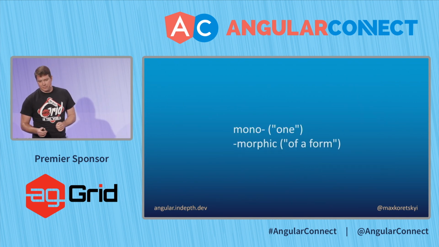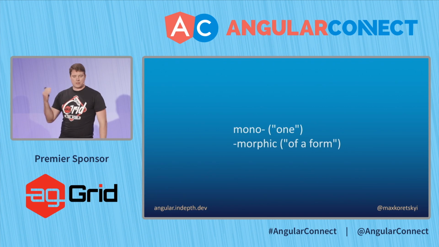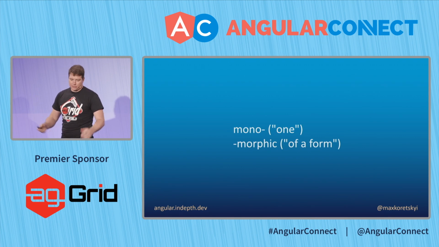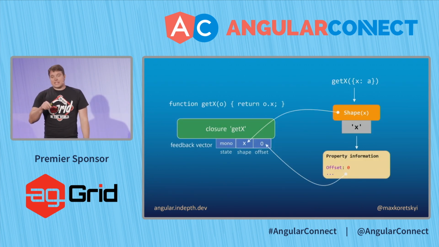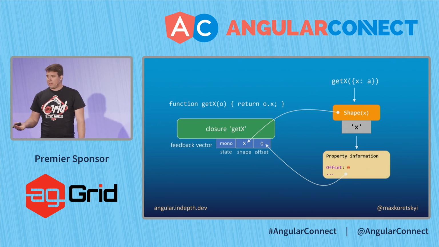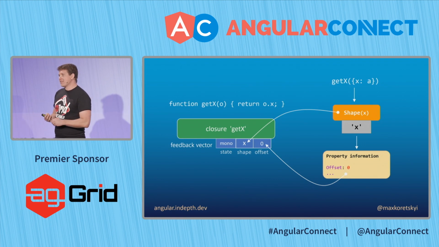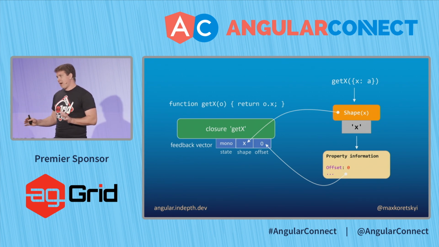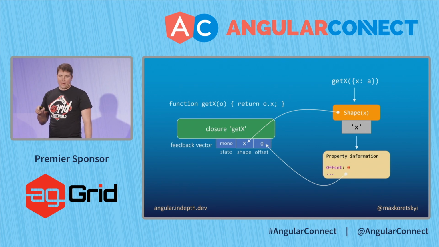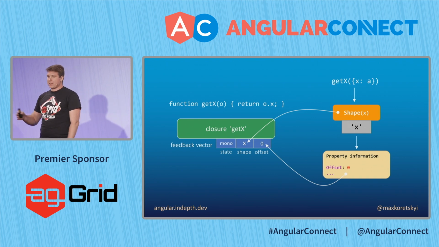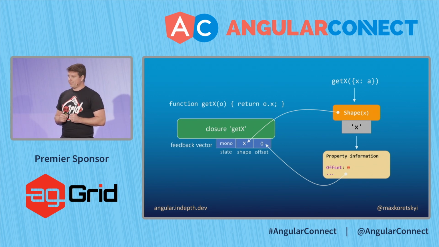Mono means one, morphic means of a form, in our case, shape or hidden class. It's a general notion. And this is where the phrase monomorphic property access comes from. Monomorphic property access is when the function has been called, it doesn't matter how many times, but as a parameter, you pass in an object or many objects that share the same hidden class or the same shape. It means that in the cache, there is only one entry.